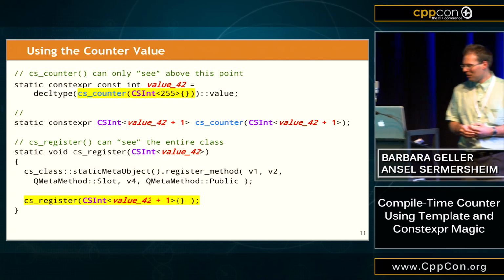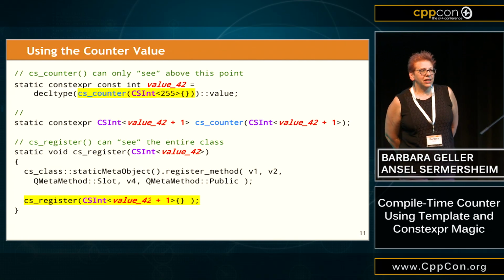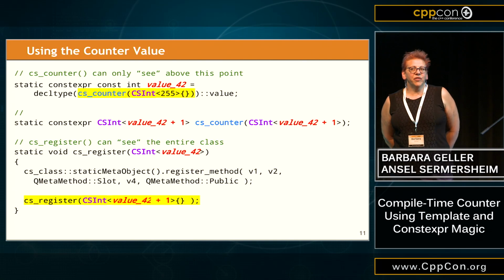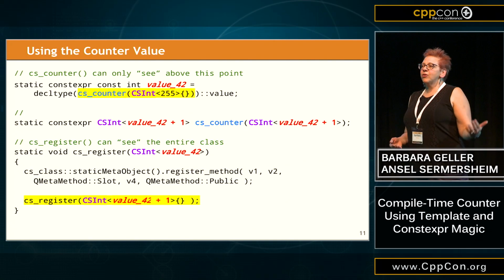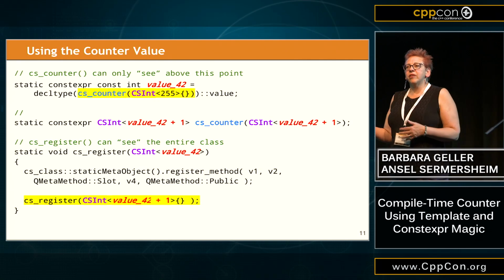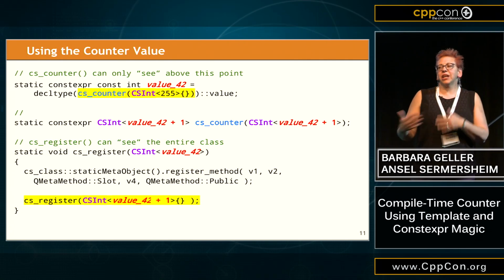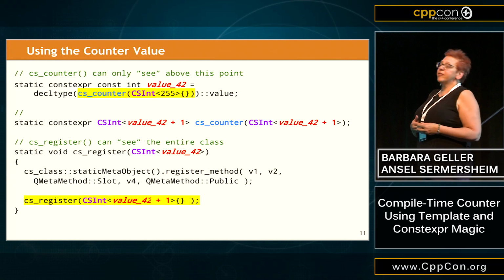So this is allowing you to actually create a counter based on compile-time information and allows us to do a concatenation. What this did is it gave us the ability to set up everything, to have the macros that we established, and it actually went through and set up everything, and then every time we instantiate a class, the registration happens automatically. We don't have to keep track of the count.